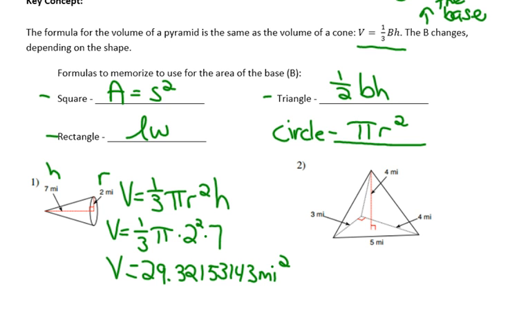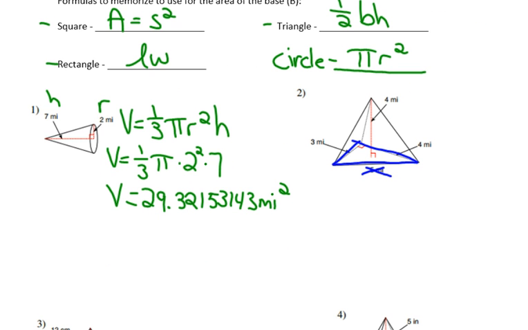All right, so let's take a look at number 2. Now we're getting into some pyramids. We're going to look at our shape on the bottom. That's a triangle. And this is an extra side that I do not need in that triangle. So we're going to have 1/3, but instead of big B, I'm going to put in 1/2 base times height.